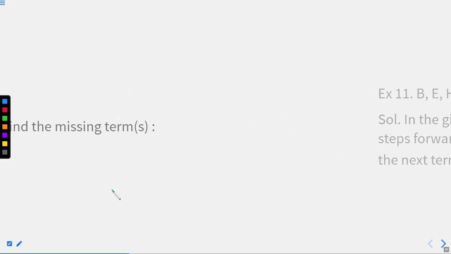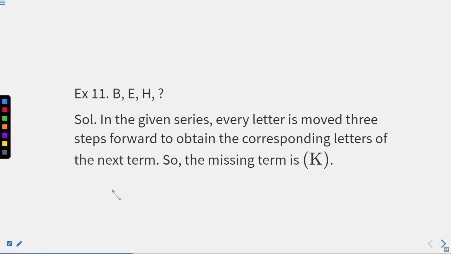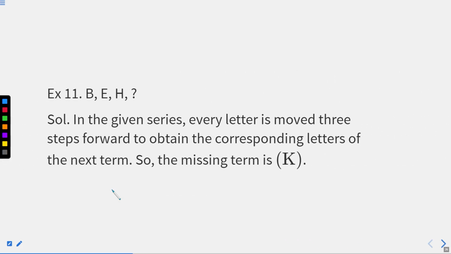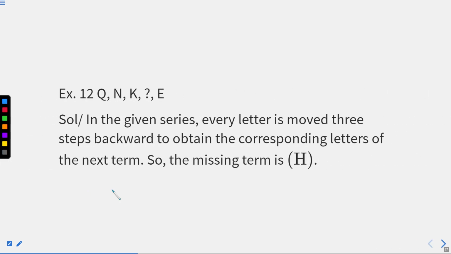So as I mentioned, you need to remember all these place values. There are some tricks which I have already told you. The rest you will get to know while solving the questions. Now we'll move to the next question, that is Q, N, K, a missing value followed by E. So again, let's figure out the place values.